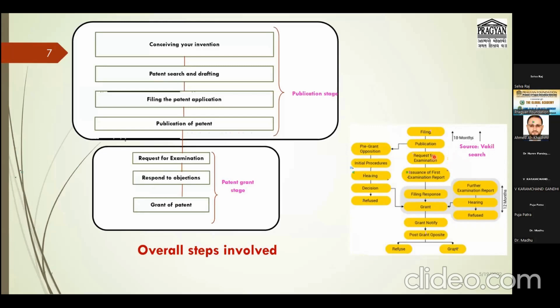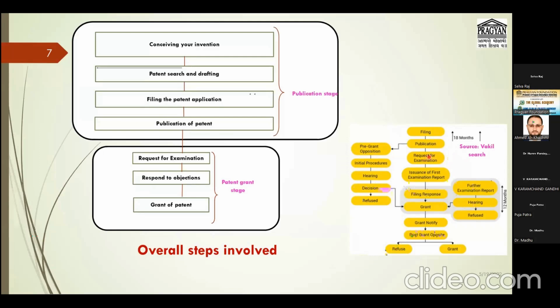However, unless a request for examination is given by the applicant or inventor, they won't take your patent draft for examination. So we have to apply for a request for examination. Unless you give the request for examination, they won't take your patent draft for further process.